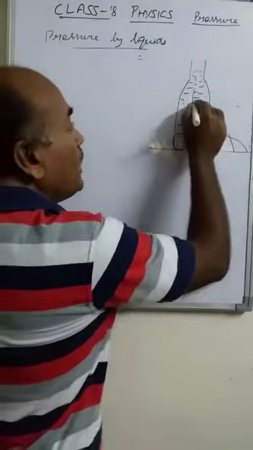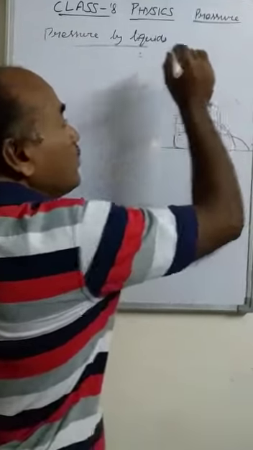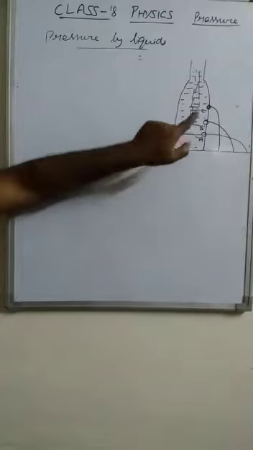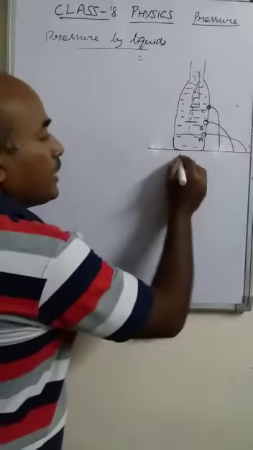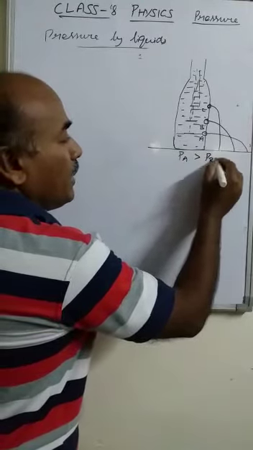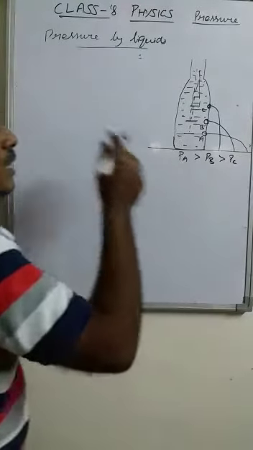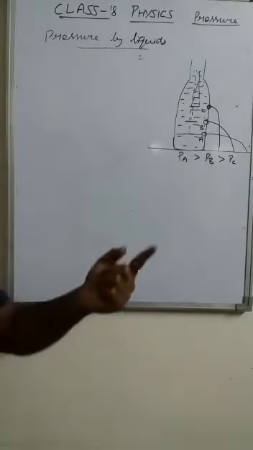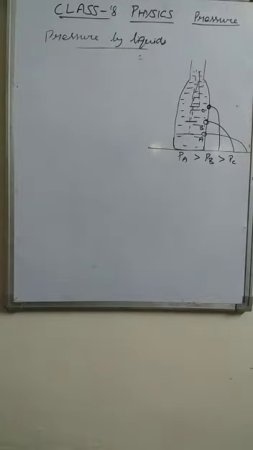Above the point B, water column. Above the point C, water column. You find the highest column of water is above the point A. So at point A, pressure is greatest, then B, then C. It indicates the pressure is changing vertically with respect to height.